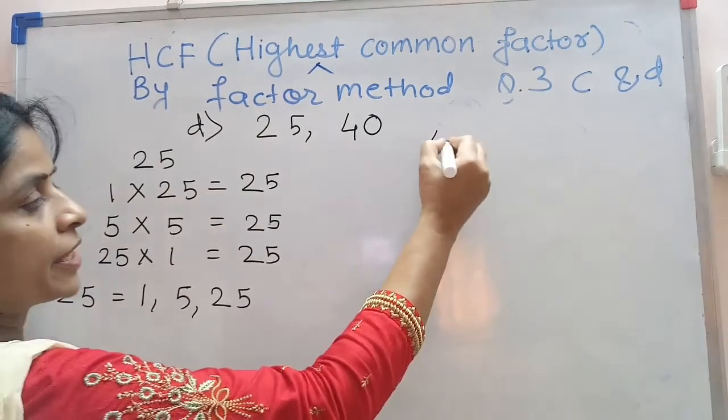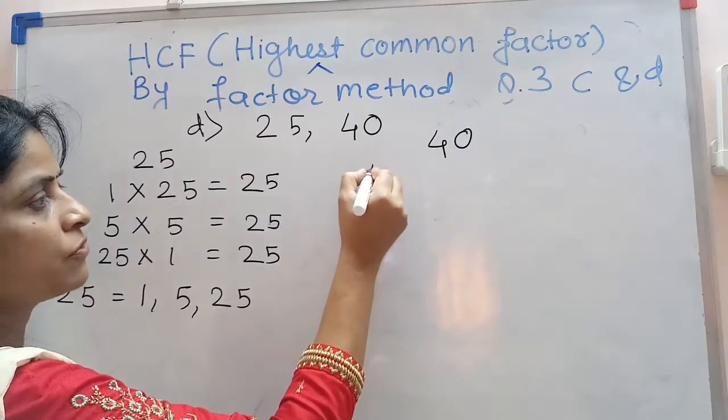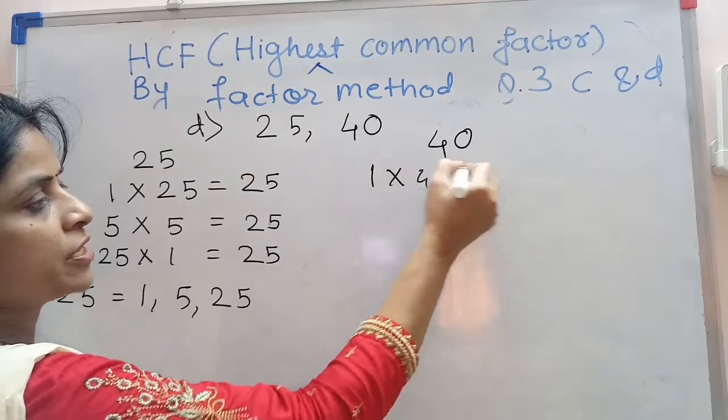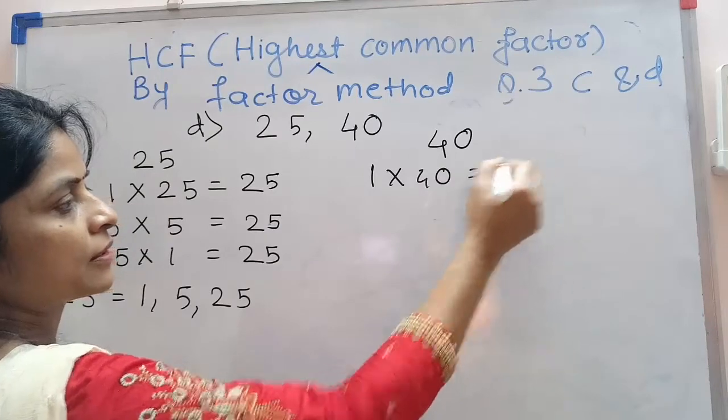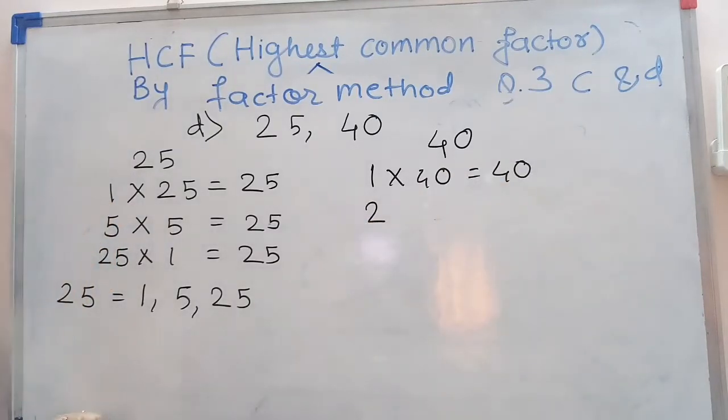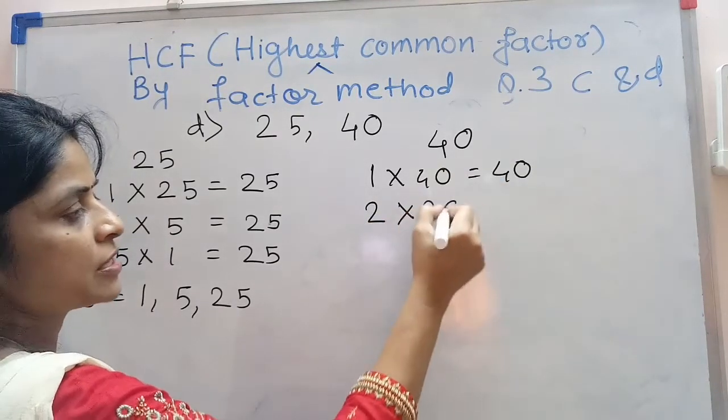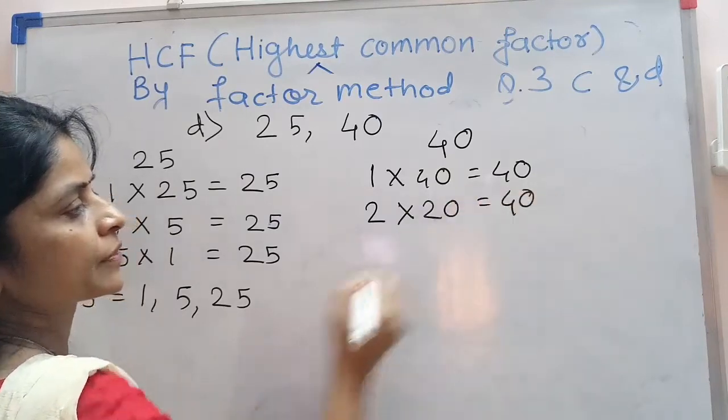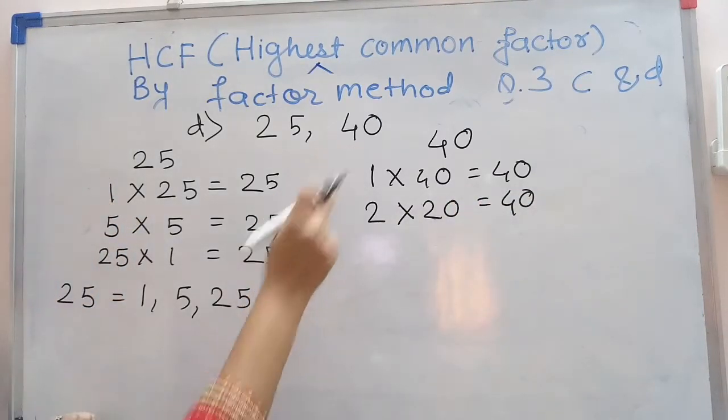So next is 40. Now 1 is the factor of 40. It is divisible by 2. 2 20s are 40. Is it divisible by 3?